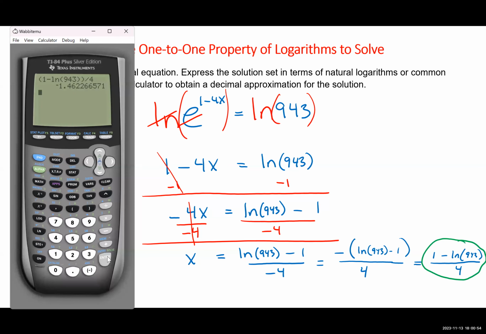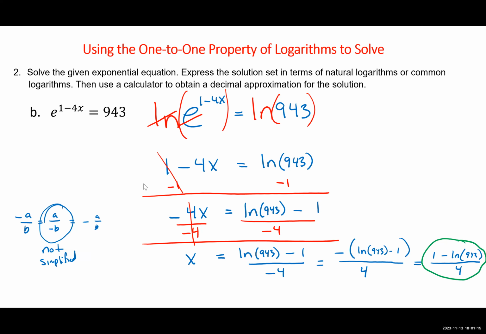So it looks like about a negative 1.46, thereabouts, depending on how many places you want to round to. All right, looking good.